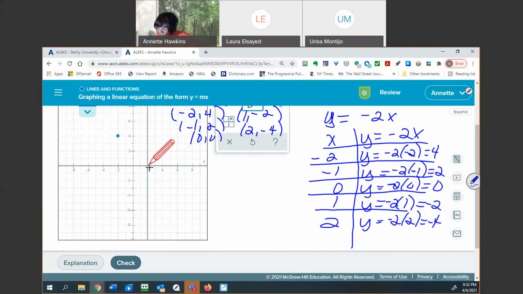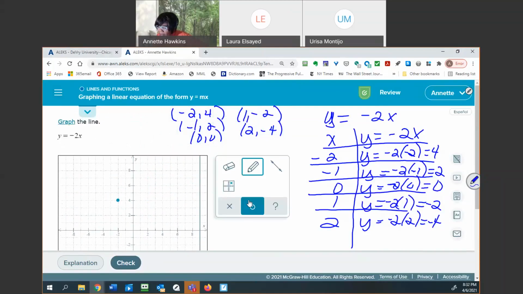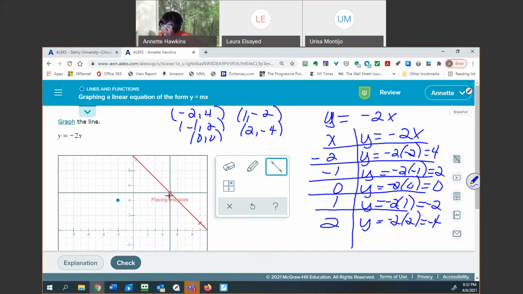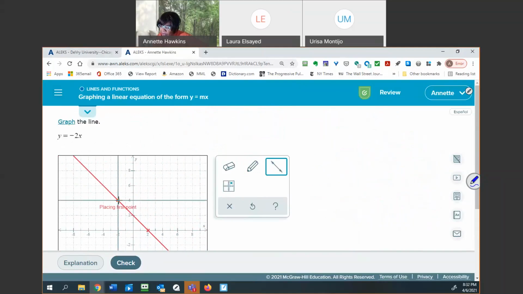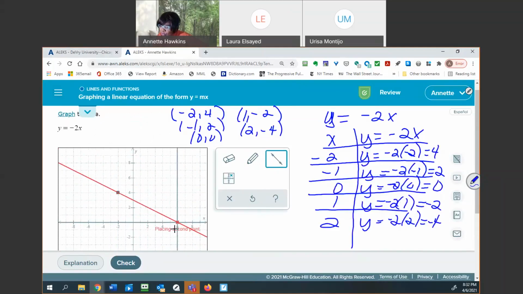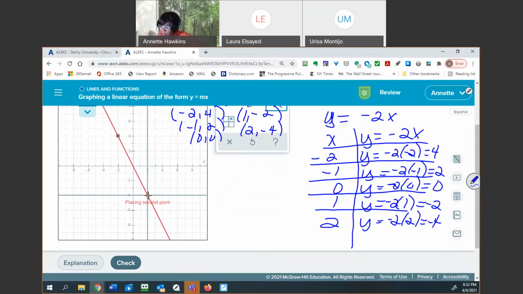Here is 2, and here is negative 4. All right, and then I just need to get my line. Actually, I should have used a line, but I wanted to show you how to graph this. So it says place the first point, and now it wants you to place the second point, and there is your line.